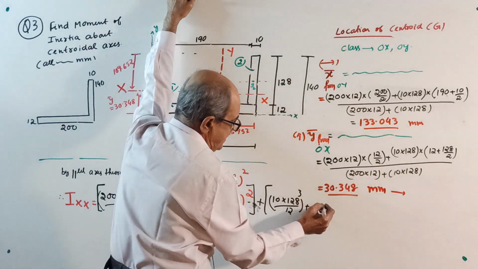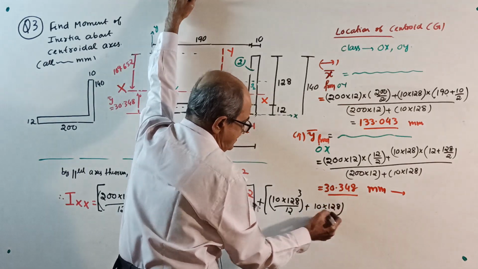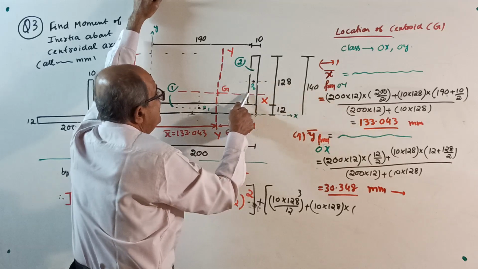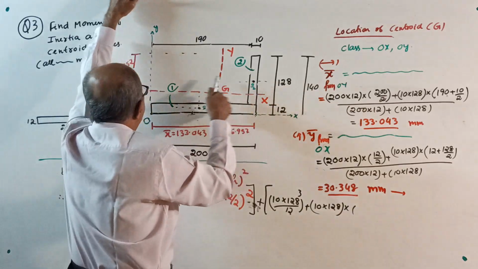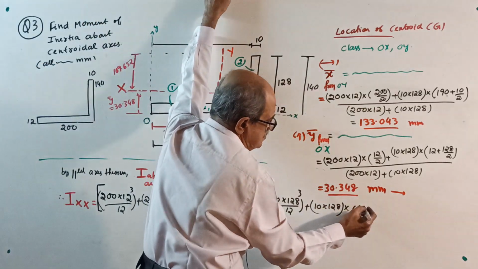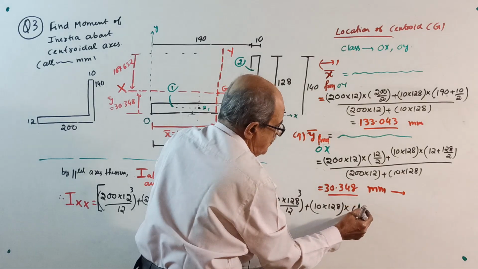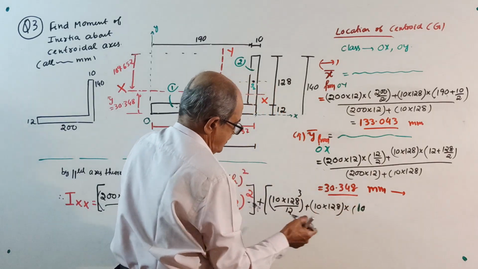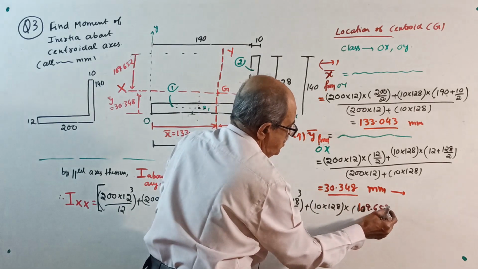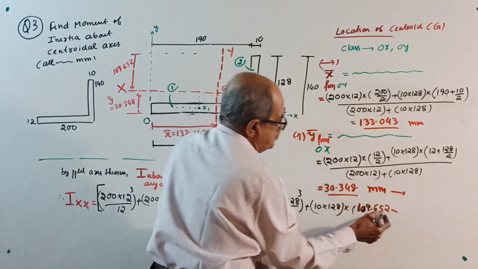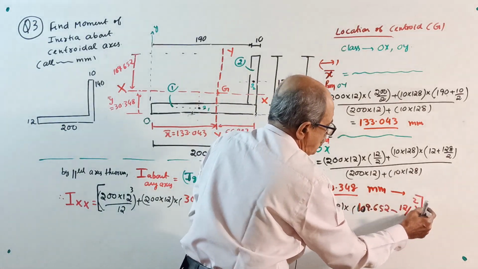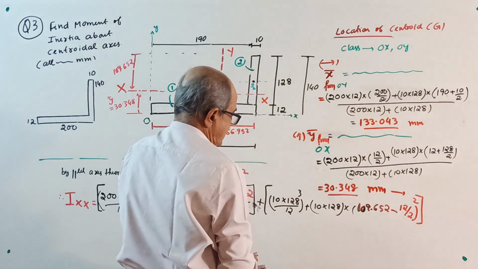Plus 10 into 128 is the area, into the distance from centroid to here, this distance square is 109.652 minus 12 by 2, whole square. That also is over.